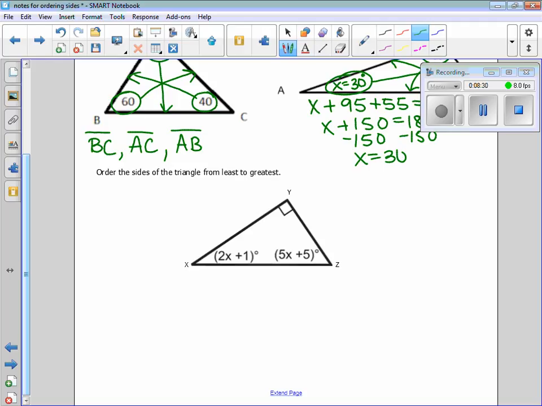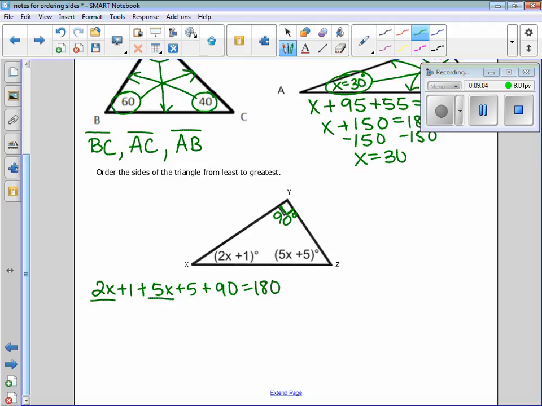On the next question, they ask you to order the sides again from least to greatest. The only angle measure that we know is this one. This mark right here means that this angle is 90 degrees. But we don't know the measures of x and z. Again, we know that all 3 angles of a triangle should add up to 180, so we can use that to solve for x. 2x plus 1 plus 5x plus 5 plus 90 equals 180.